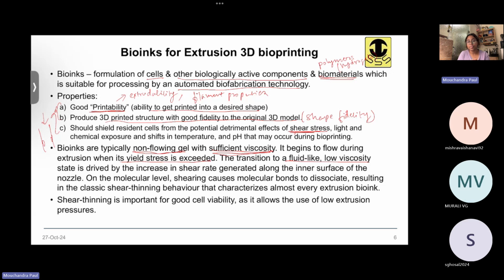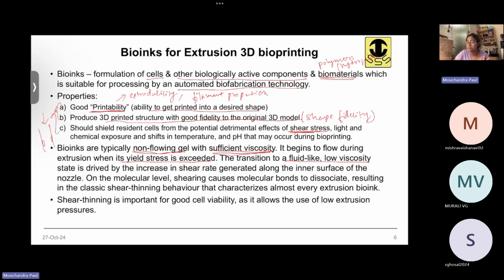So what is shear thinning? Please listen carefully. Shear thinning means those viscoelastic fluids whose viscosity decreases when shear increases in them, and as soon as the shear force is removed, their viscosity again increases.